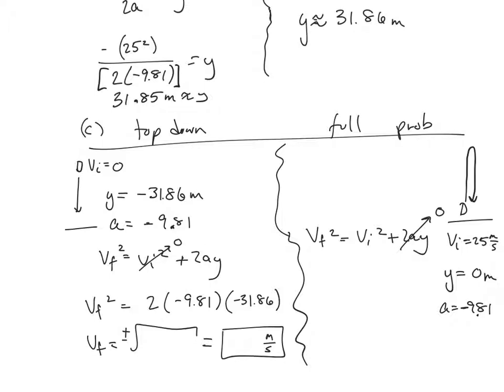So if I look at this method, VF will just equal whatever VI is squared, which is 25. So VF is equal to plus or minus the square root of 25 squared. Well, what's the square root of a square? What happens? Yeah. So what's the answer? The answer is just plus or minus 25.